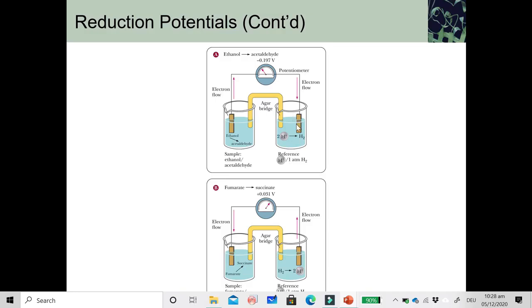It acts as a cathode where reduction occurs, and the ethanol/acetaldehyde electrode, by the way, the cathode is an electrode where reduction occurs, while in this case the one in which oxidation occurs is called the anode. So in this case it's the ethanol/acetaldehyde pair that acts as the anode. Okay, and notice that acetaldehyde to ethanol has a negative reduction potential.